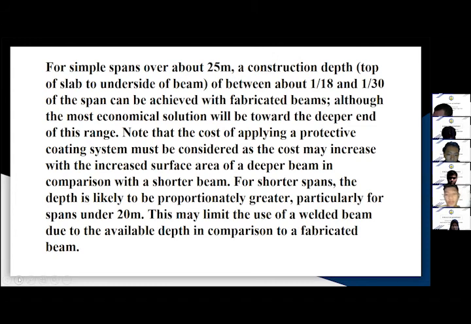For shorter spans, the depth is likely to be proportionately greater, particularly for spans under 20 meters. This may limit the use of a welded beam due to the available depth in comparison to a fabricated beam.